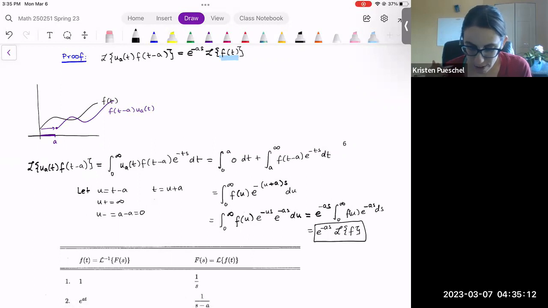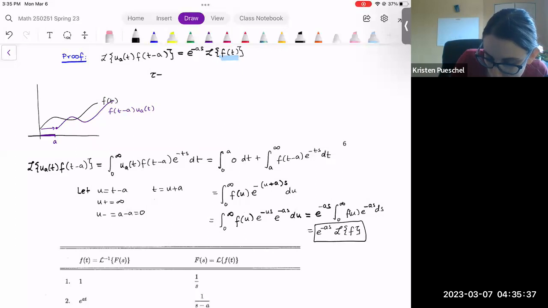Yay! So that wasn't too bad. Just a little bit of integration to do, but it's super useful. And then to get the backwards direction, basically we change the name of our variable, where we define tau equals t minus a.